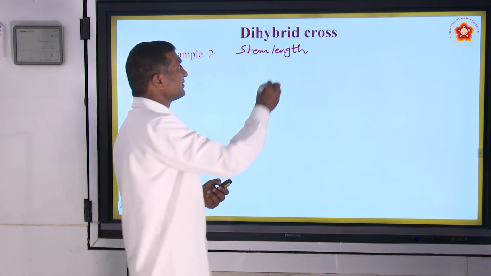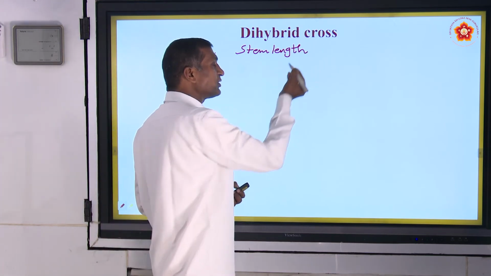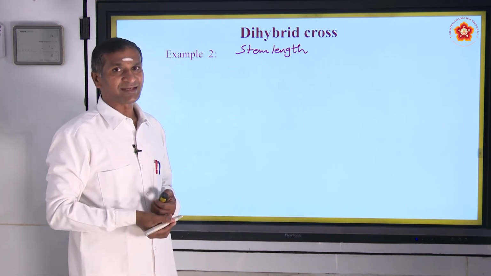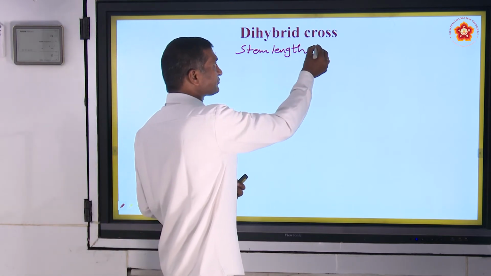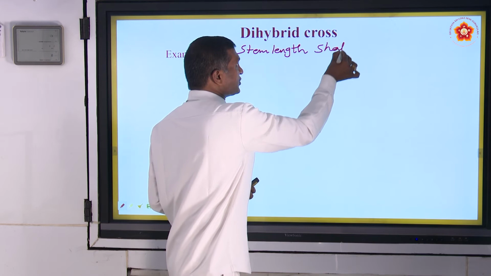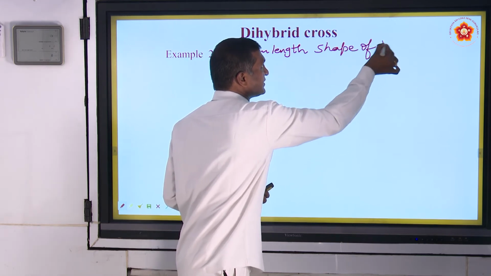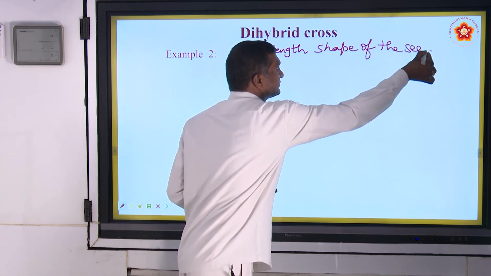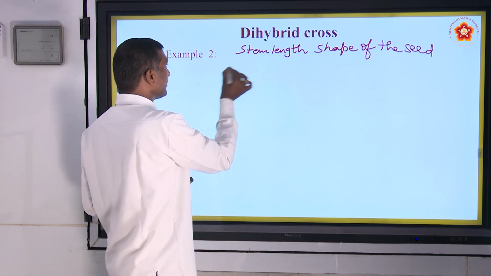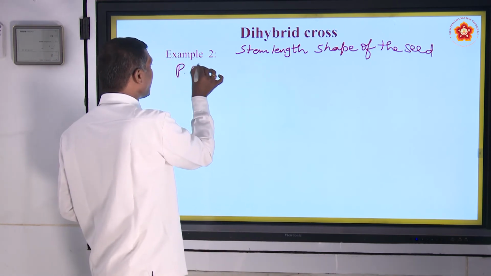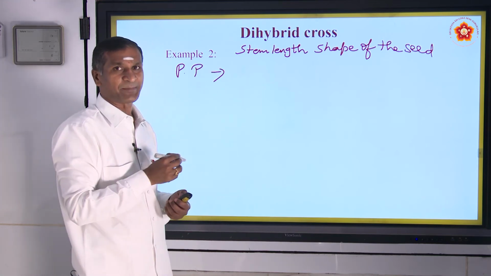Stem length, and what else you need to select then? Then we can select the shape of the seed. Shape of the seed. So stem length, parent plants, PP I will write here, which you should know, parent plants.